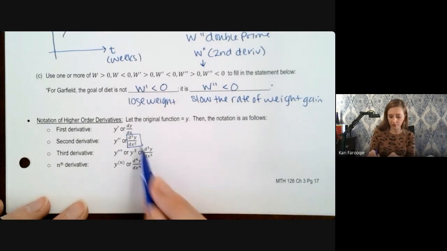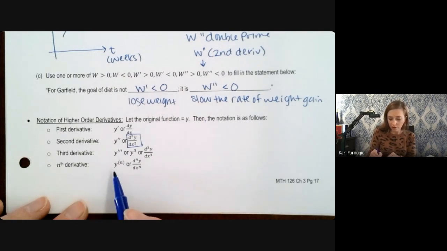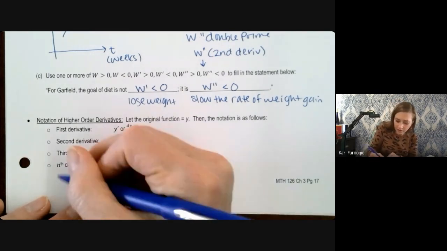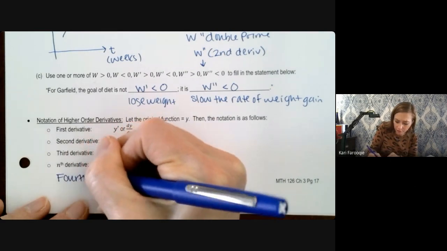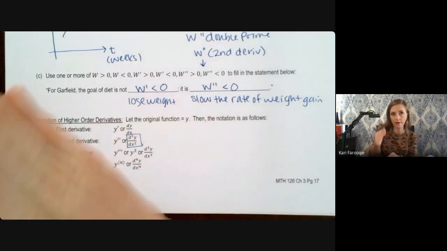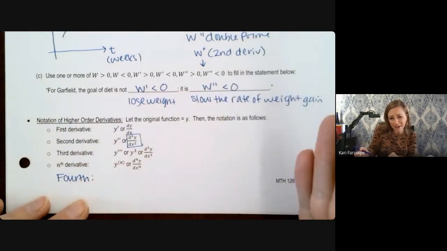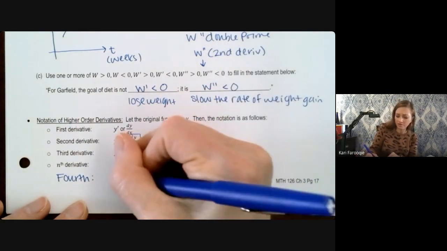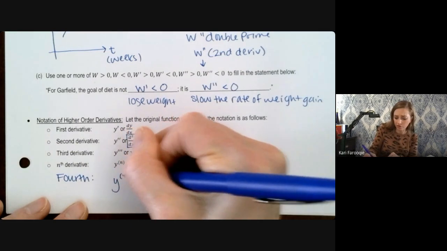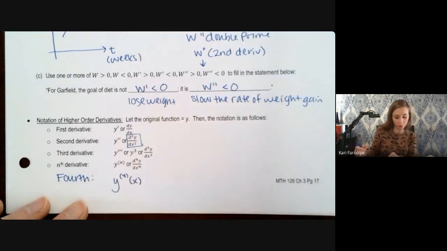And all of these will follow the same pattern. So it says for the nth derivative, we denote it like this. That means that if you have a fourth derivative, you don't say y prime, prime, prime, prime. At that point, you're like, okay, y quadruple prime. I guess technically people would know what you mean, but that's not how we write it. You would just write y fourth prime of x.